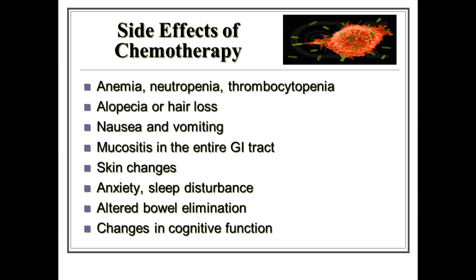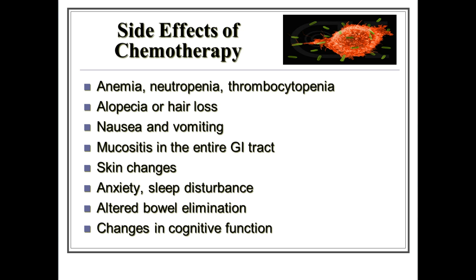You're gonna look for bleeding, so you're gonna do what you can do to monitor them for bleeding or that type of thing. If they have nausea and vomiting, of course, you're gonna give drugs that can control nausea and vomiting.